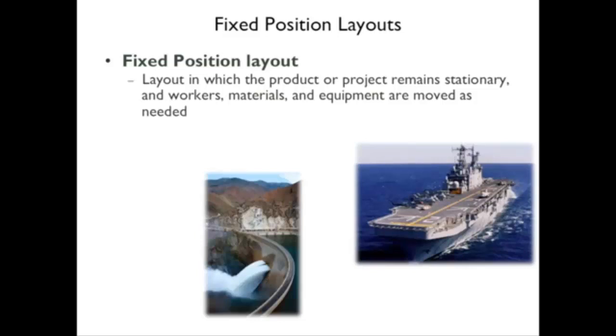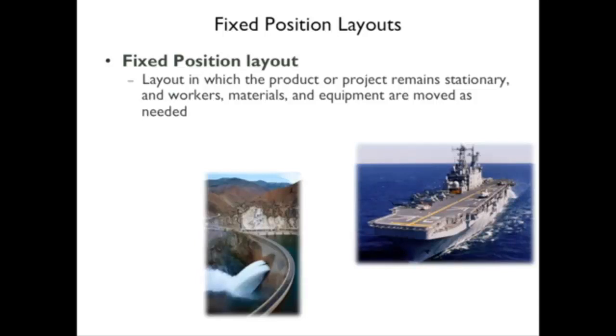Fixed position layouts. This is where what is being worked on is in a fixed place, and the workers, materials, and equipment are moved as needed. So here's an example of a dam. A dam needs maintenance.